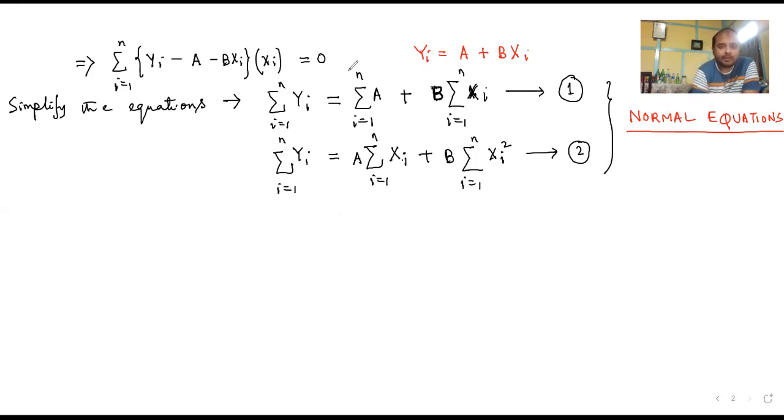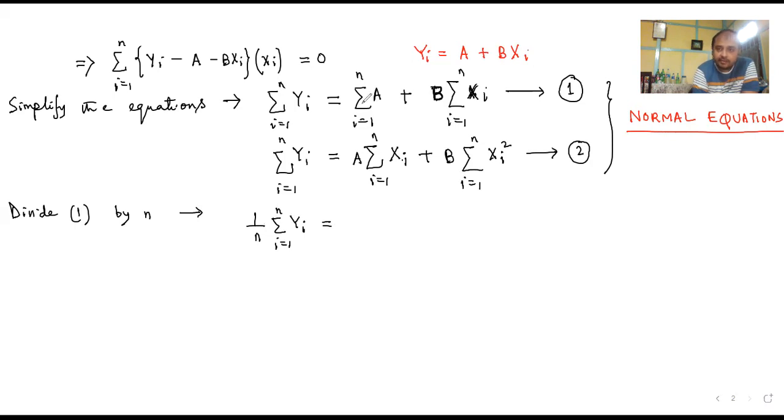Now we shall divide equation 1 by n. What do we get? We will get 1 by n summation i goes from 1 to n of yi.